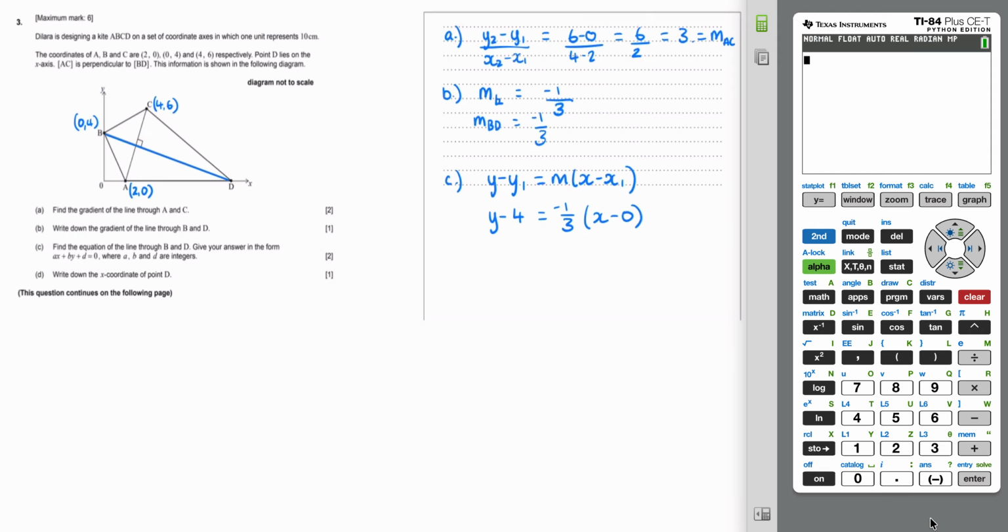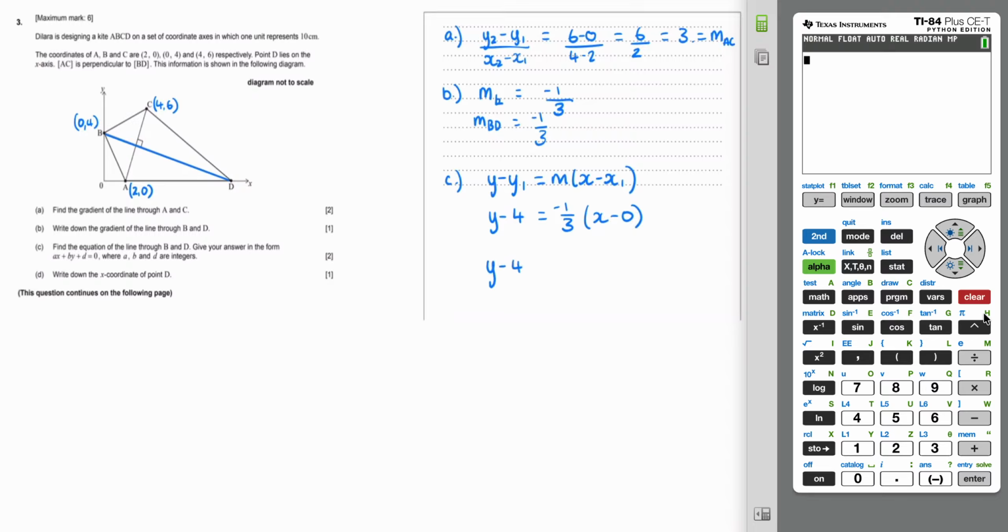Then we need to rewrite that in the format that it's asked for, which means we need to rearrange it and make it equal to 0, where a, b, and d are integers. Integer just means that it has to be a whole number. So we're going to rearrange this.